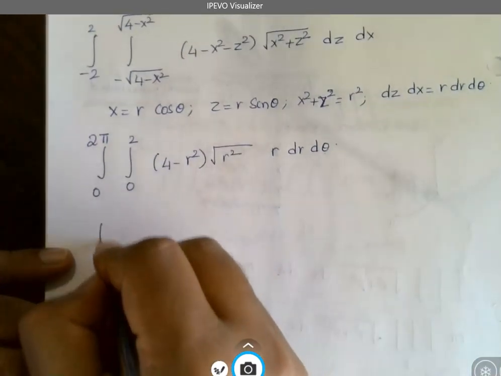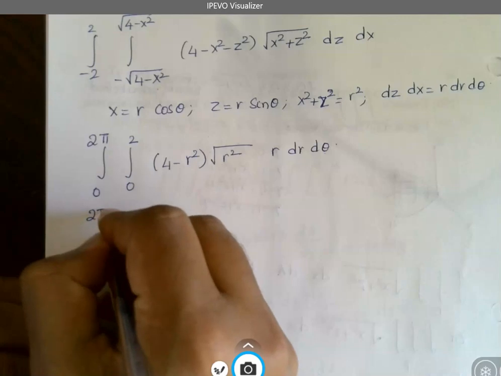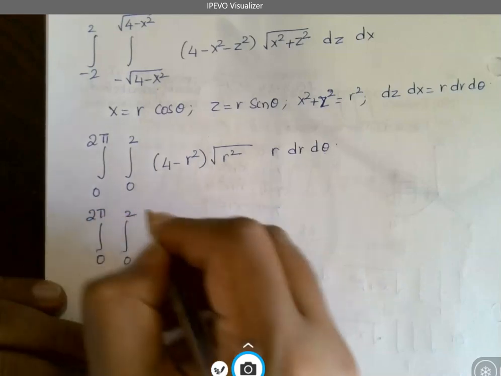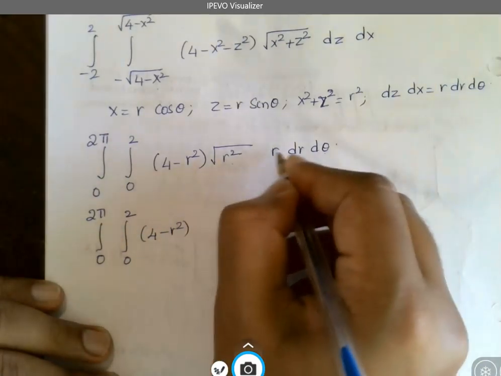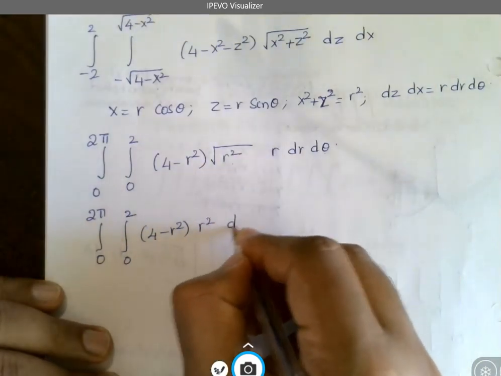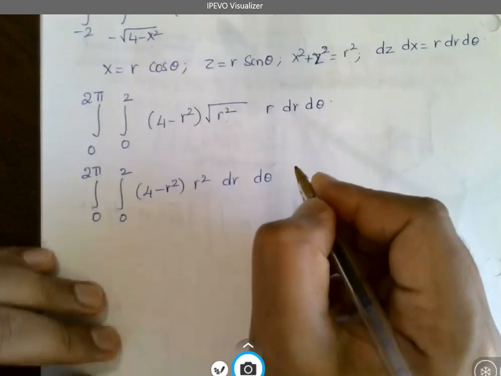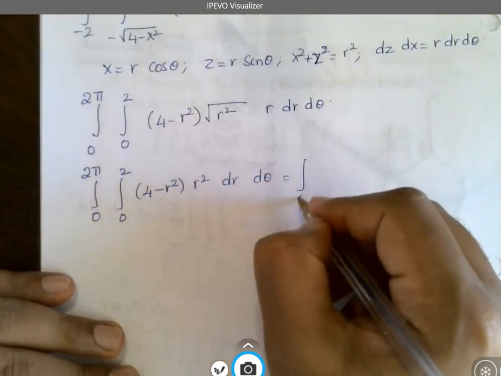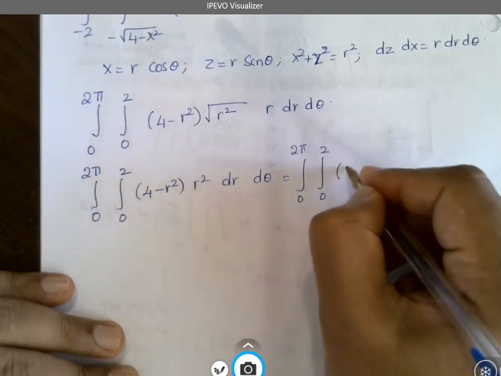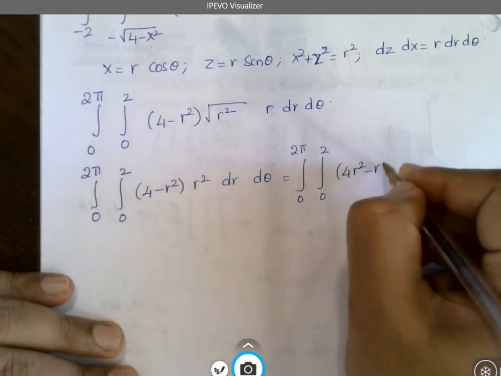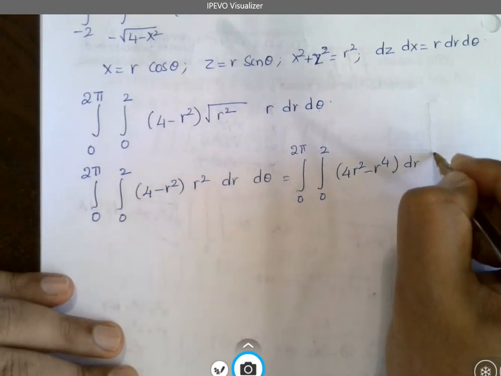Okay, so upon simplification I get the integral from 0 to 2 pi, integral 0 to 2, of 4 minus r squared, times r, which is r squared again, dr d theta. So upon integrating, you get 0 to 2 pi and integral 0 to 2 of 4r squared minus r to the 4, dr d theta.